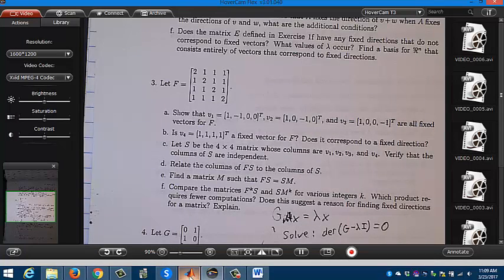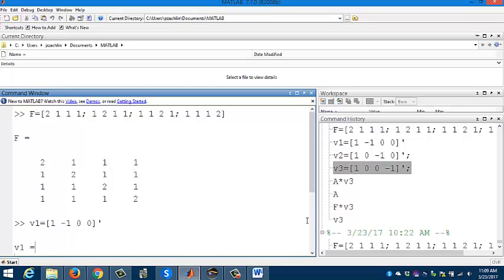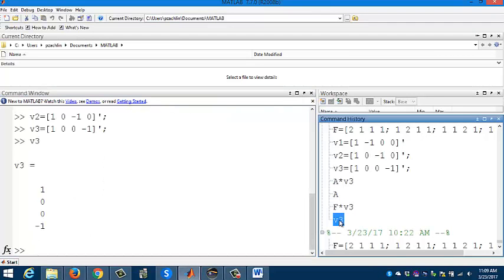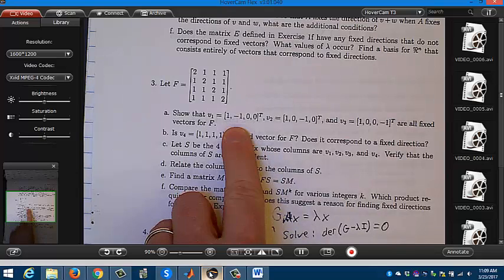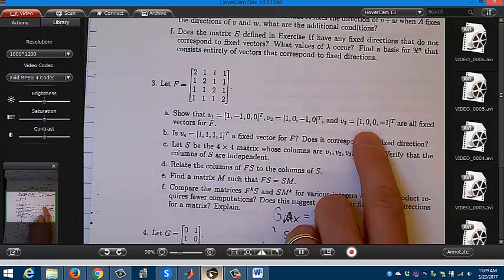The first problem says, show that these are all fixed vectors. So let me show you that they are. Here's V3, and here's F times V3. Ta-da. Same thing back. So it's a fixed vector. That means F V3 equals 1 V3, so 1 is an eigenvalue. And this is an eigenvector, that's an eigenvector, and that's an eigenvector.